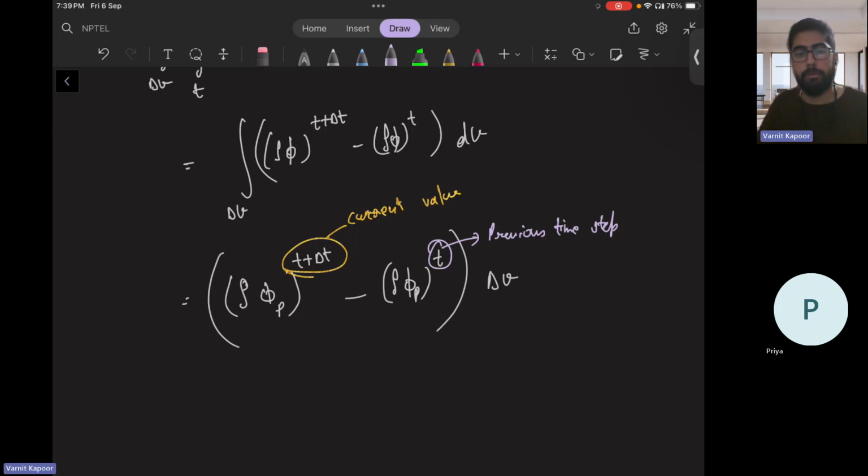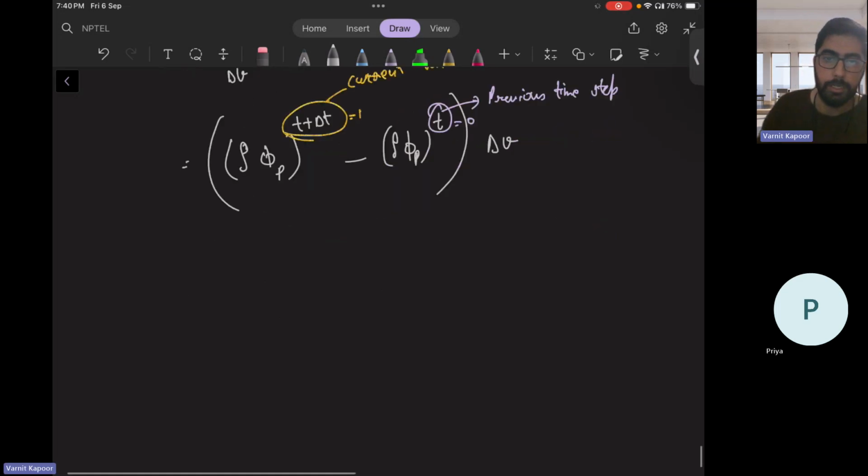Okay, current value and previous time value. So I'll denote the current as 1, and the previous as 0. Rest about the other terms.